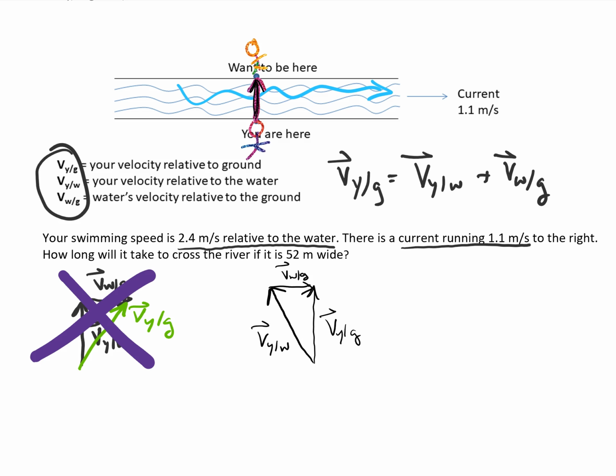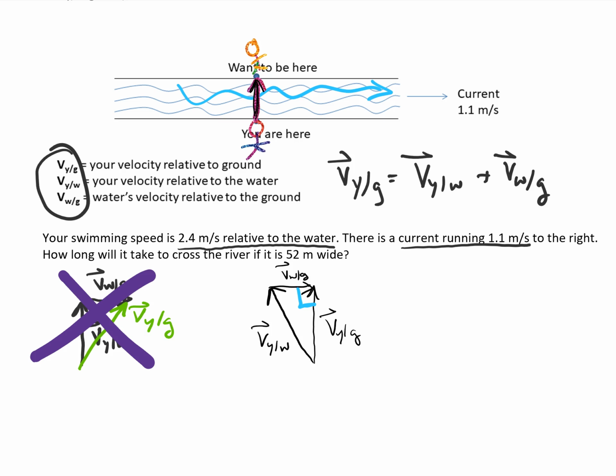Now in this case, because the current is going completely to the right, and we want to go directly across the river, this is going to be a nice right triangle, where that's our perpendicular angle. And so it should actually be pretty easy to calculate this.